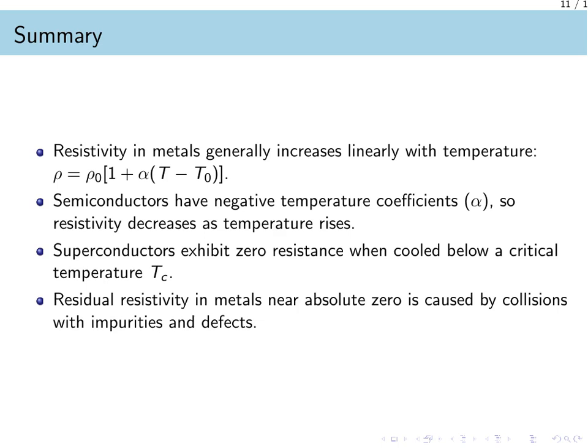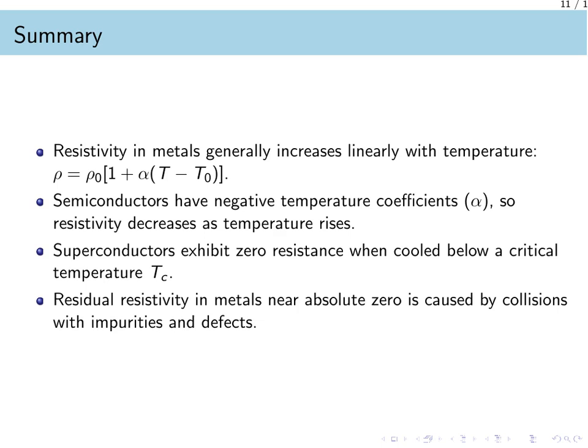Let us summarize what we have covered in this section. We learned that the resistivity in metals generally increases in a linear fashion with temperature, following the mathematical relationship we explored earlier. We also discussed semiconductors, which have negative temperature coefficients, meaning their resistivity drops as the temperature rises.